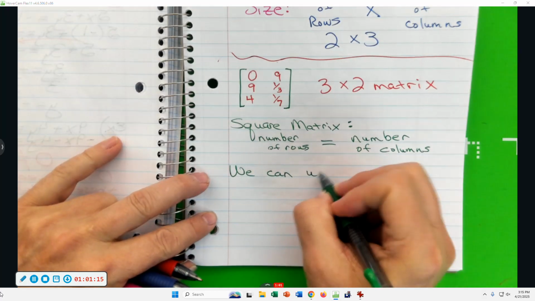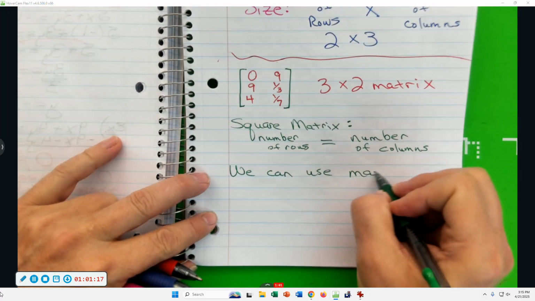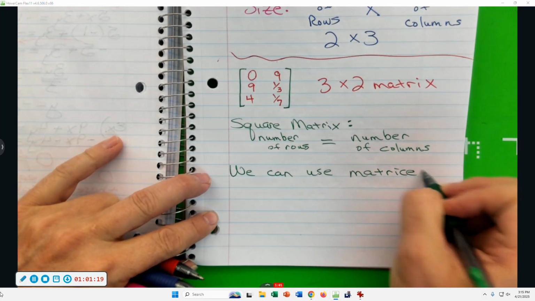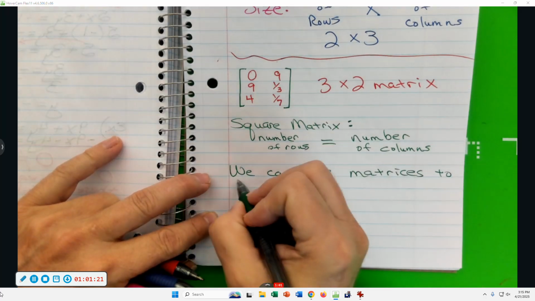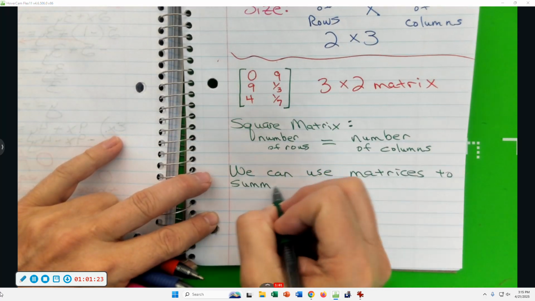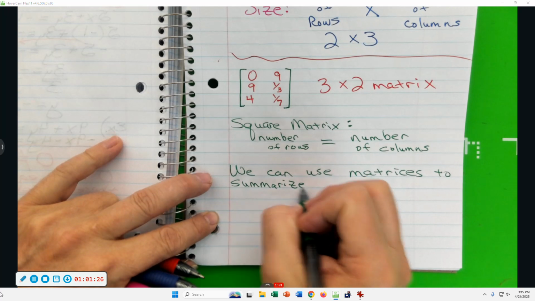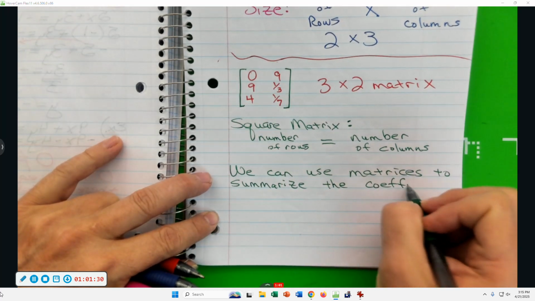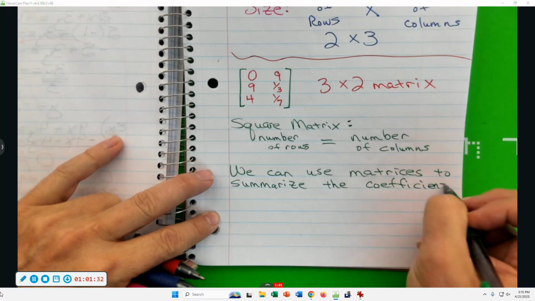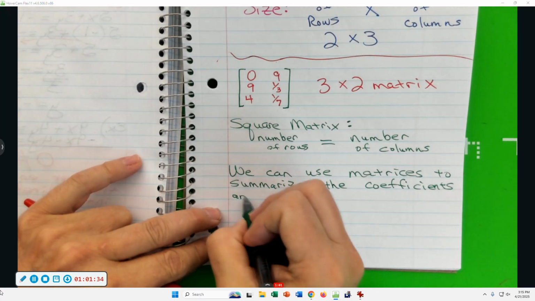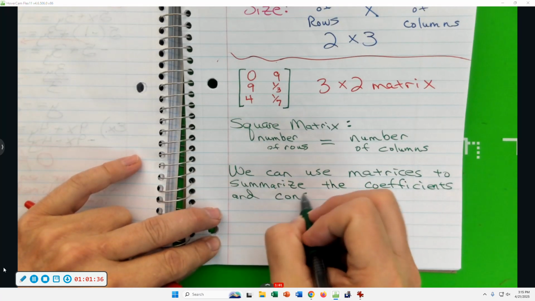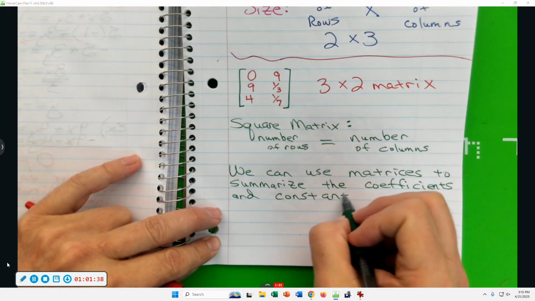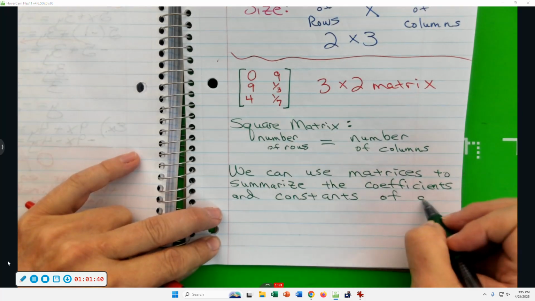We can use matrices to summarize the coefficients and constants of a linear system.